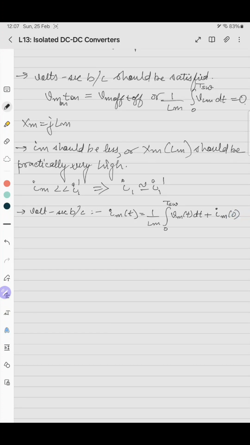This is what we have written. So this is the volt second balance. This Im of 0 is the initial or residual flux, or the flux present in the transformer initially.